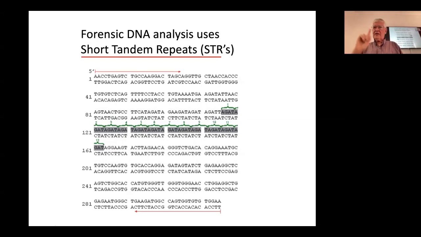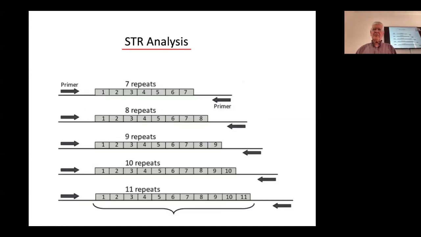Now, the neat part about this is that we all have a version of this, but if we checked everybody in the room, what we vary is in how many times these 4 letters are repeated. So here, for example, this is just showing diagrammatically the variance that you might find in different people.